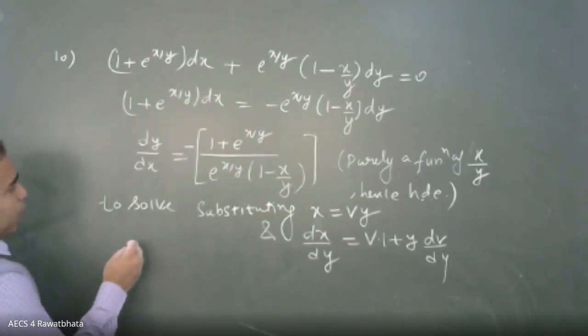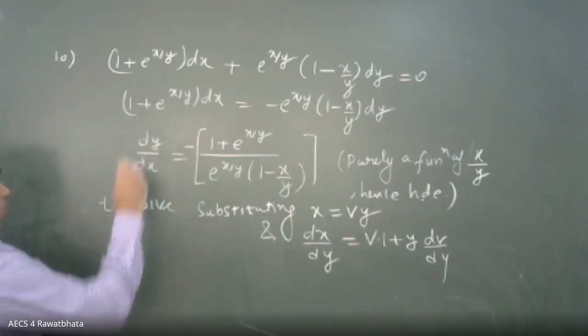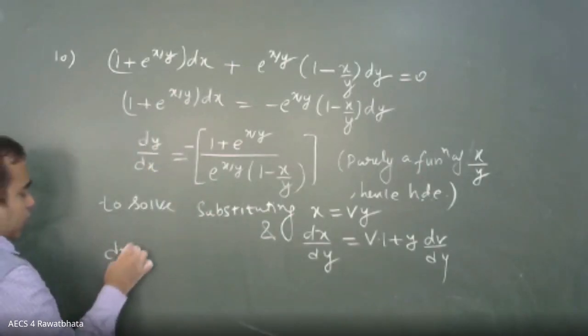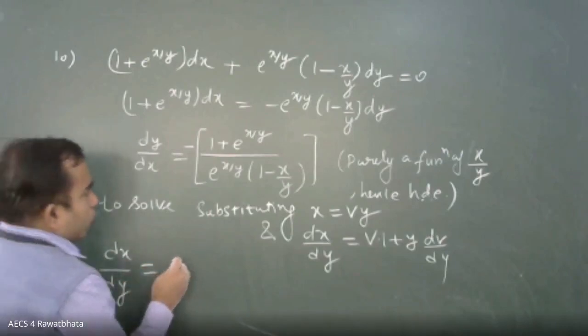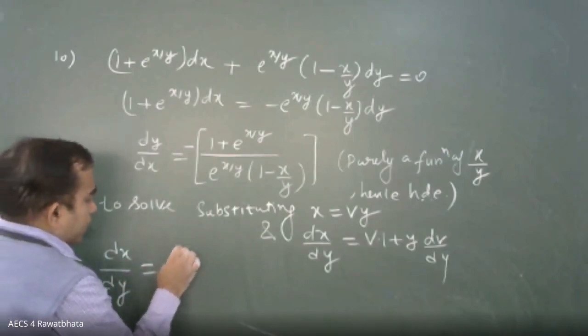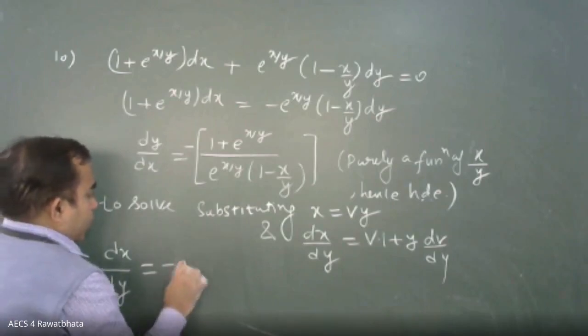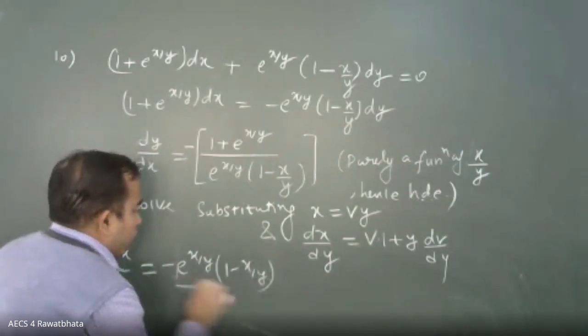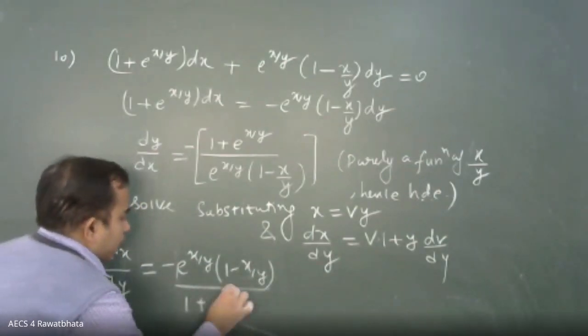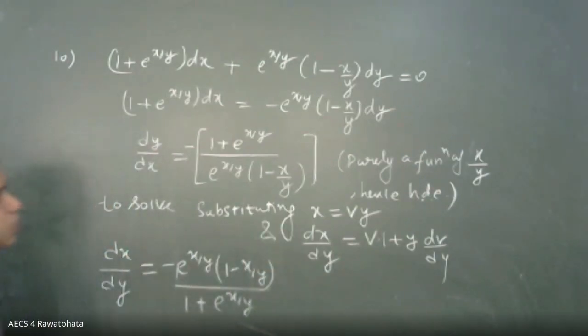So what I am going to do, I am going to inverse it. Then I'll make the substitution. Dx upon dy equal to minus e to power x upon y into 1 minus x upon y whole upon 1 plus e to power x upon y. Now make this substitution.